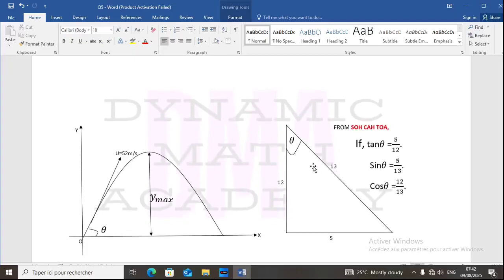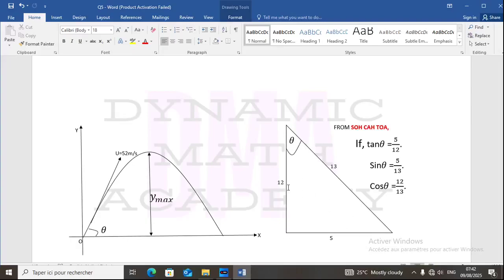To apply Pythagoras theorem, we know that the longest side is usually the hypotenuse. Pythagoras theorem states that the hypotenuse squared is equal to the sum of the sides squared. That means this side squared plus this other side squared.